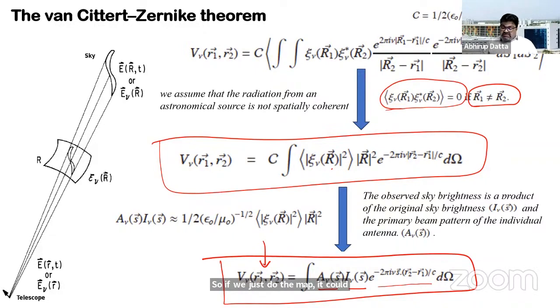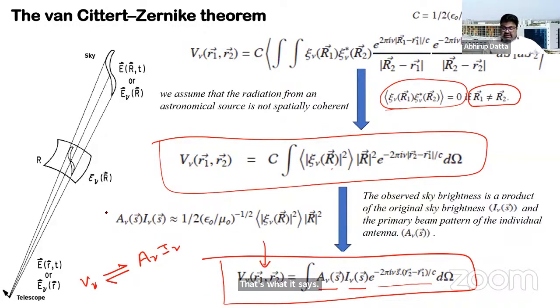Don't worry too much. Then you can see that slowly this expression over here is nothing but, if I can write, V nu is nothing but a Fourier transform of A nu I nu. Okay. That's what it says.